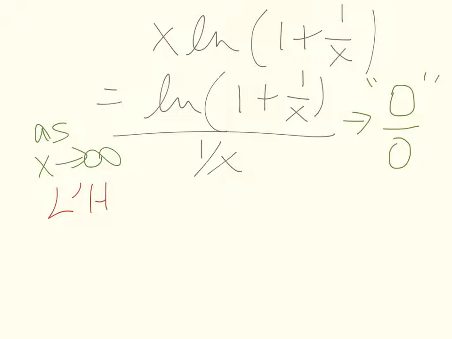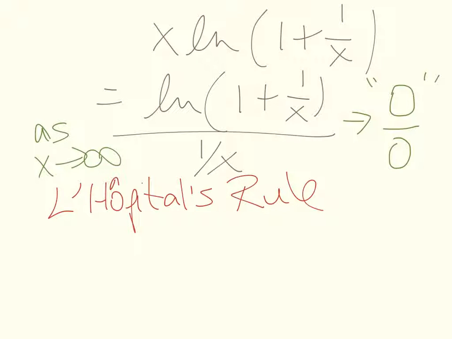So applying L'Hopital's rule, I have to take the derivative of the numerator and the derivative of the denominator. Remember, we're not using the quotient rule here. We just take the derivative of the numerator and the derivative of the denominator. So I'm going to look at the limit as x goes to infinity of, in the denominator, the derivative of 1 over x, which is negative 1 over x squared.